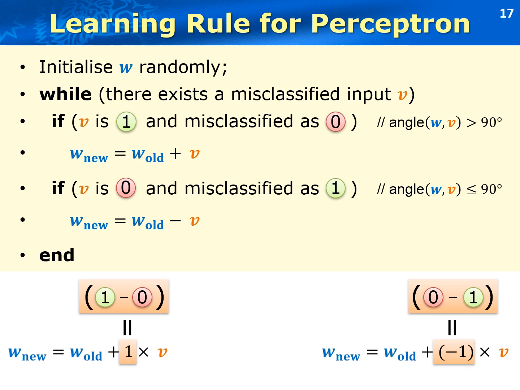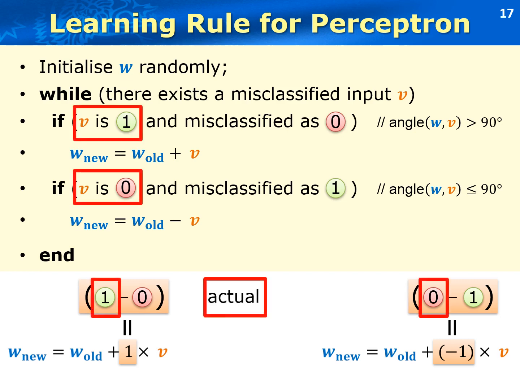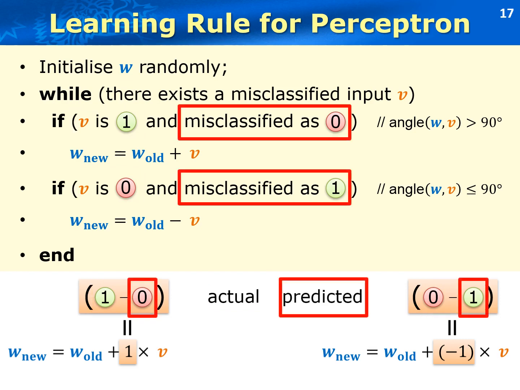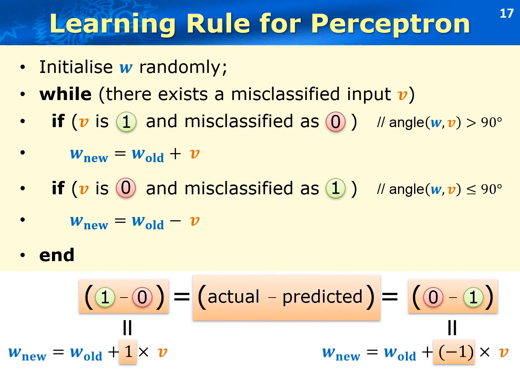In both cases, we notice that these parts are the actual value of the data points, whereas these parts are the predicted value of the data points from the perceptron. Therefore, these two cases can be merged in a unified manner as actual value minus predicted value.